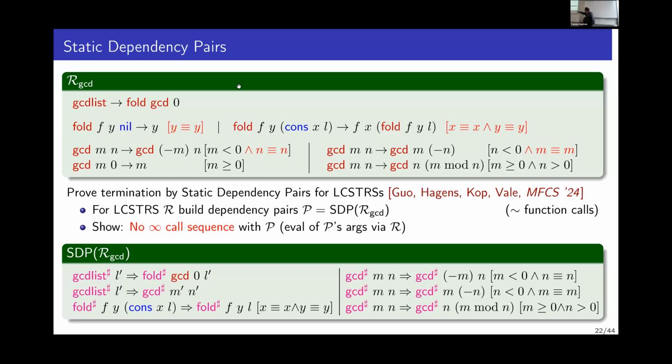And separately, we analyze GCD list calls the GCD, and this one may then be the cause of non-termination. Fold may never even be the cause of non-termination. So each function call gets analyzed separately.